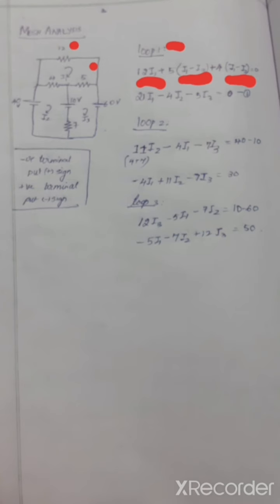Loop 1 does not have any voltage source, so it is simply equal to 0. Now we simplify the equation: 21, that is 12 plus 5 plus 4, into I1, minus 4 I2, minus 5 I3 is equal to 0.